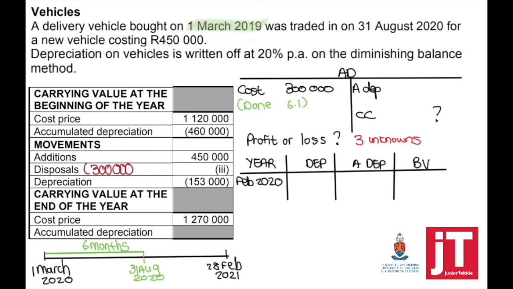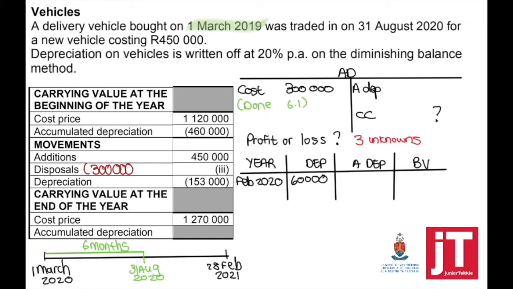So if I purchase this on the 1st of March 2019, and our accounting period ends 28th February every single year, it means that that first year from the day we've purchased it until the end of the accounting period, which will be February 2020, we will need to calculate the depreciation on the cost, which is 300,000 times 20% for 12 months will equal 60,000.